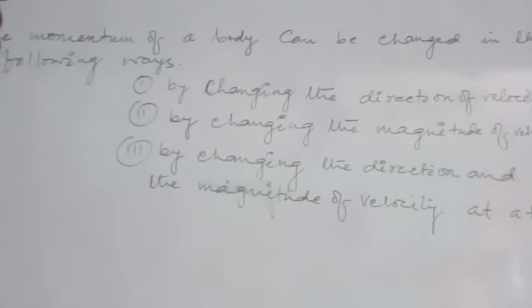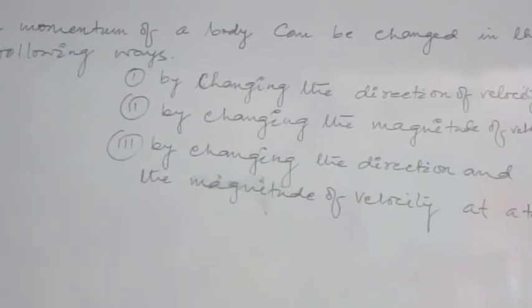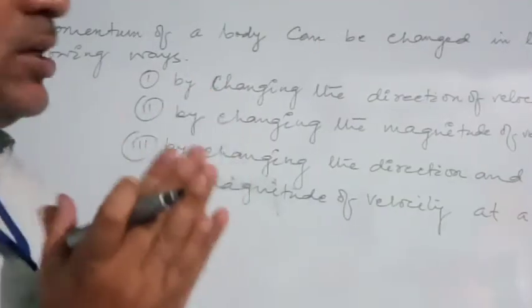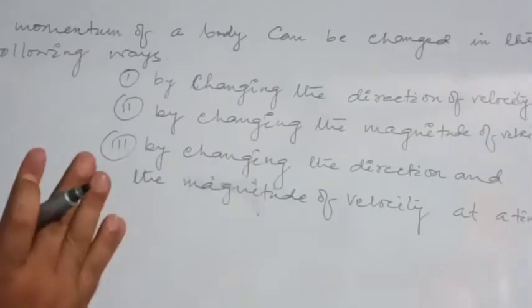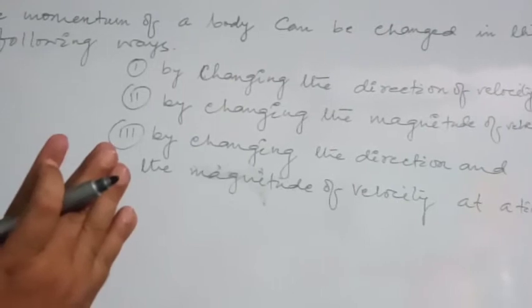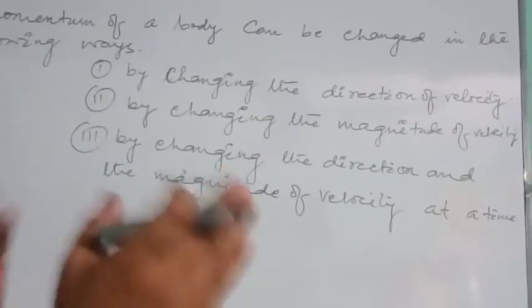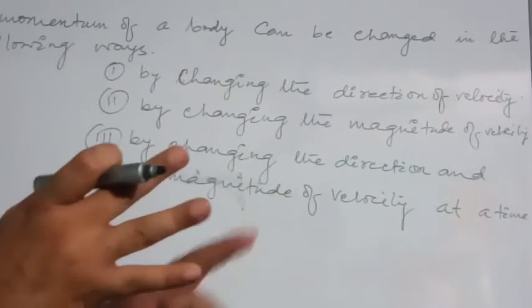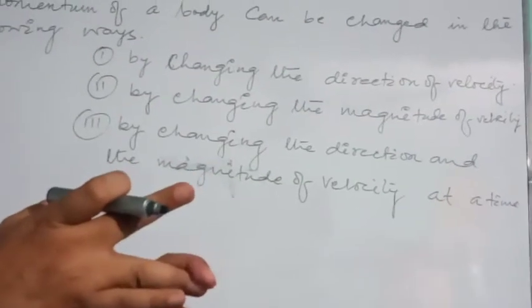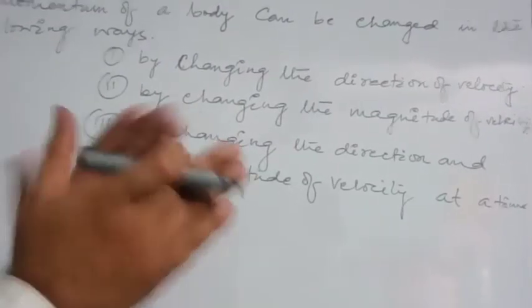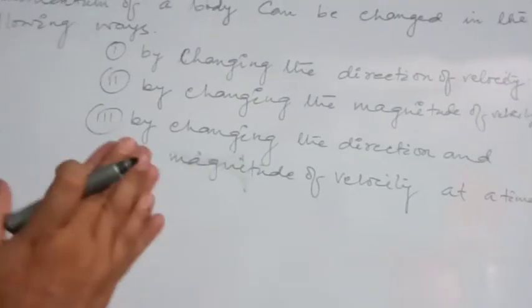It is the product of mass and velocity. Mass is a scalar quantity and velocity is a vector quantity. So velocity can be changed in three ways: by changing its magnitude, by changing its direction, or by changing both magnitude as well as direction at a time.